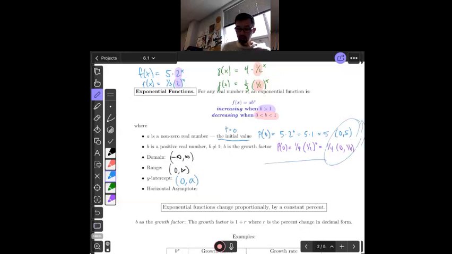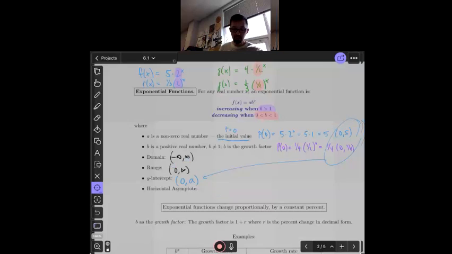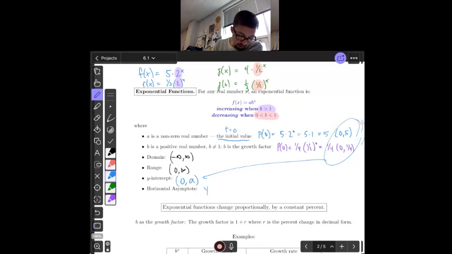Depending on what that A value is, that can affect your y-intercept. On the last page, both of those had an A value of 1, just a little 1 right there, so that's why our y-intercepts were 1. But now that we start to stretch these, we can change that A value and that y-intercept. And then the horizontal asymptote should pretty much always be 0.